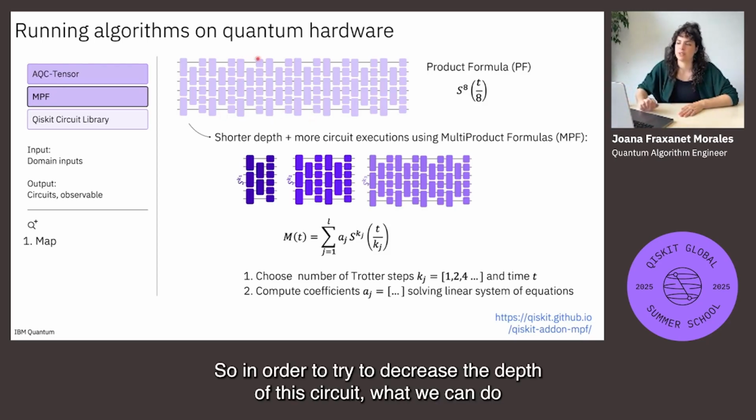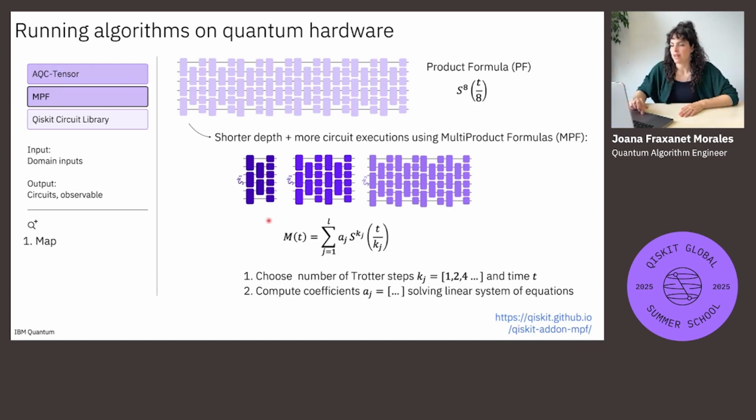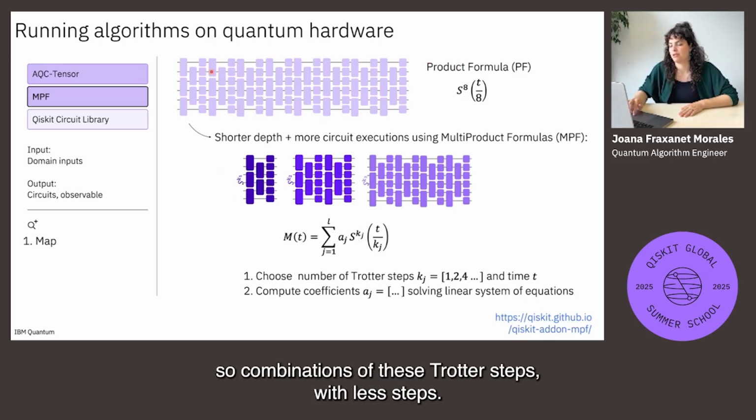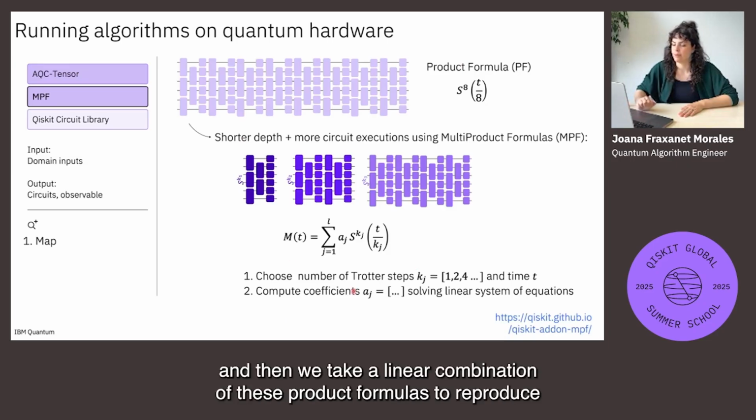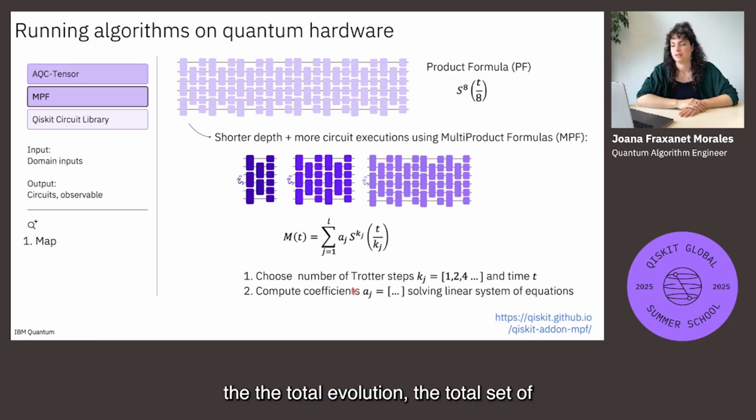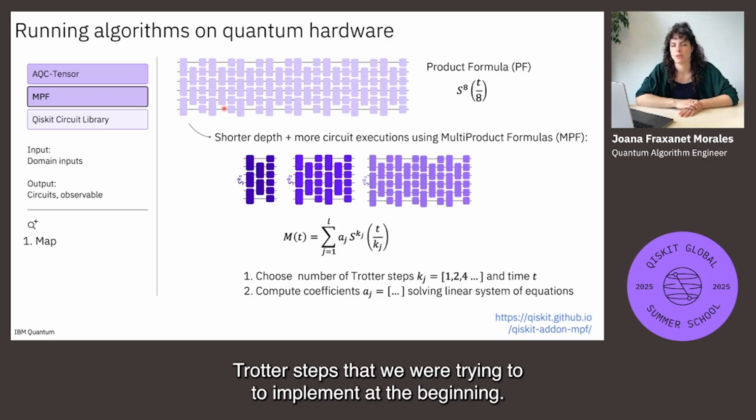So in order to try to decrease the depth of this circuit, what we can do is to run product formulas, so like combinations of these Trotter steps with fewer steps. So here we have 1, 2, or 3. And then take a linear combination of these product formulas to reproduce the total evolution, the total set of Trotter steps that we were trying to implement at the beginning.